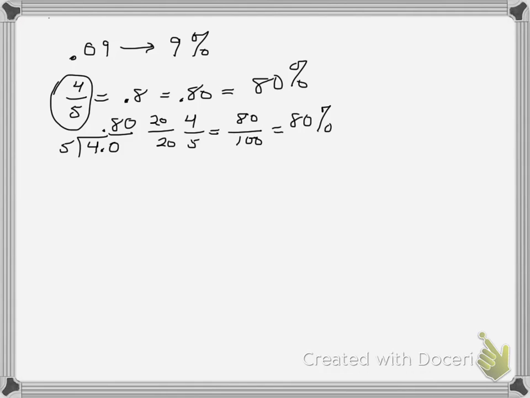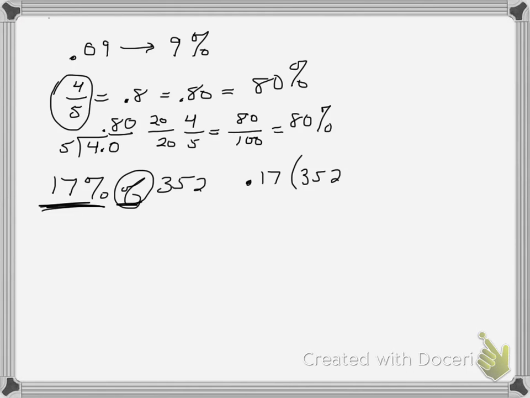Okay, now we're talking about the concept of, let's say, 17% of 352. Well, 17% is the same as multiplying by, so we're going to multiply, so when you see of, think multiplication. So this would be 0.17 times 352, and you already know how to do that.